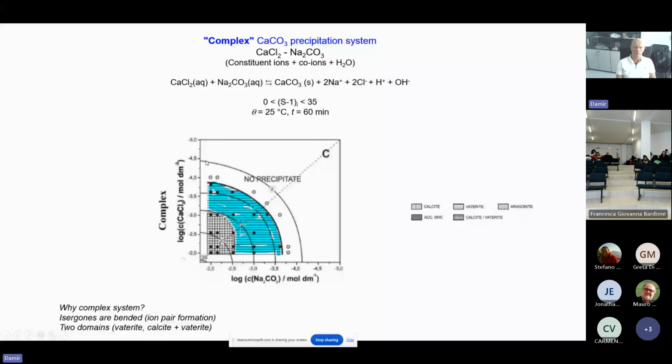That is a result of ion pair formation. They are not so bent as in the case of the calcium hydroxide system, and two domains were strictly divided. In this blue domain, we obtain vaterite exclusively. In this region, at high supersaturation, we obtained a mixture of vaterite and calcite.